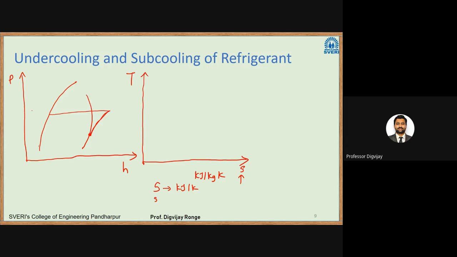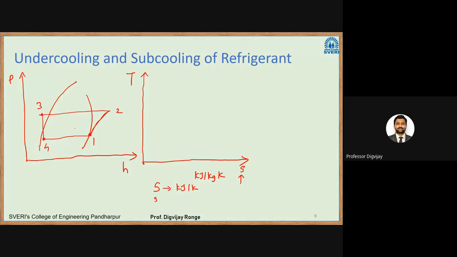So at the end of the condenser, there will be subcooling. So the temperature will reduce further up to point 3. Then it will pass through the expansion valve. It will come to point 4. Then it will pass to point 1. So 1, 2, 3, and 4.